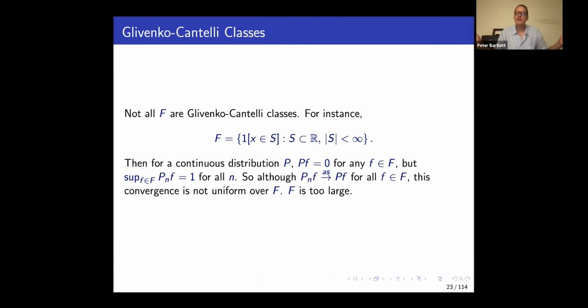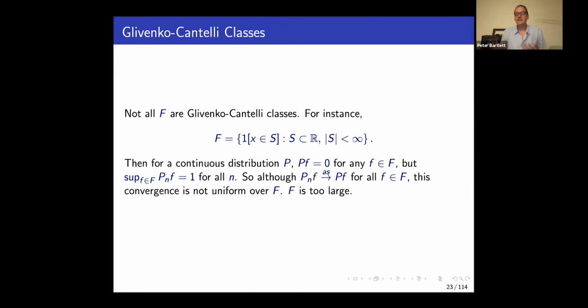It's the class of indicators for some finite set. Every function in this class is defined in terms of some finite set S, and that function maps to 1 on that set and 0 off the set. So that's a class of functions that takes values in {0, 1}.